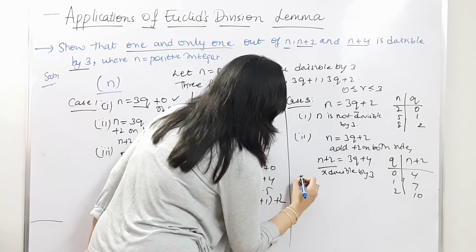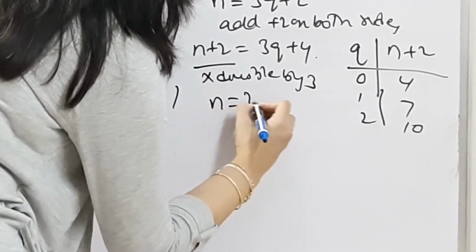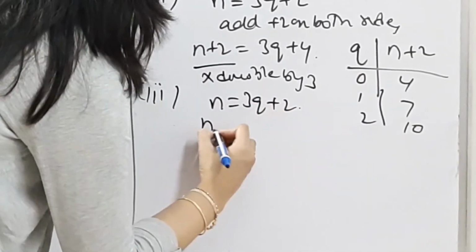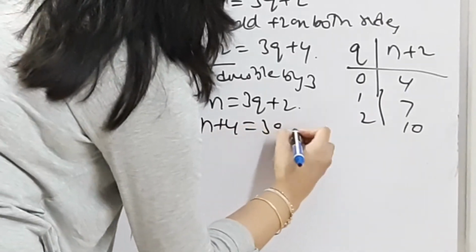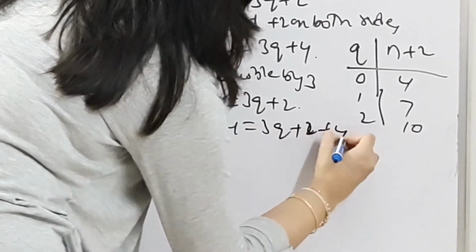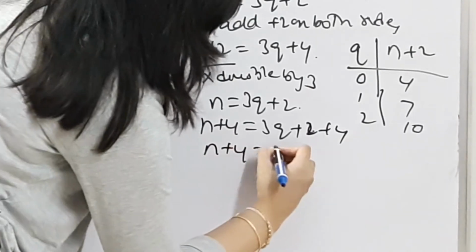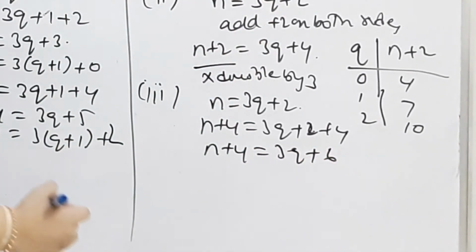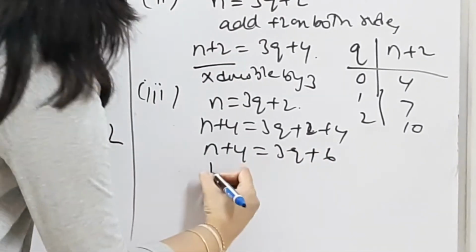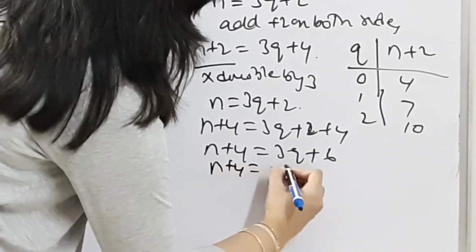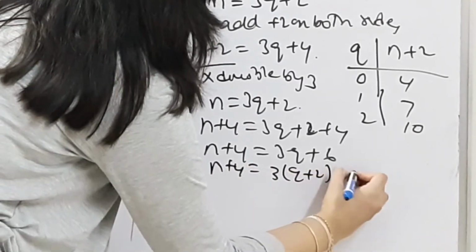Now the last case is what happens when n is equal to 3q plus 2 and we add 4 on both sides. We get n plus 4 is equal to 3q plus 6, right? So n plus 4 is equal to 3 into q plus 2 plus 0.